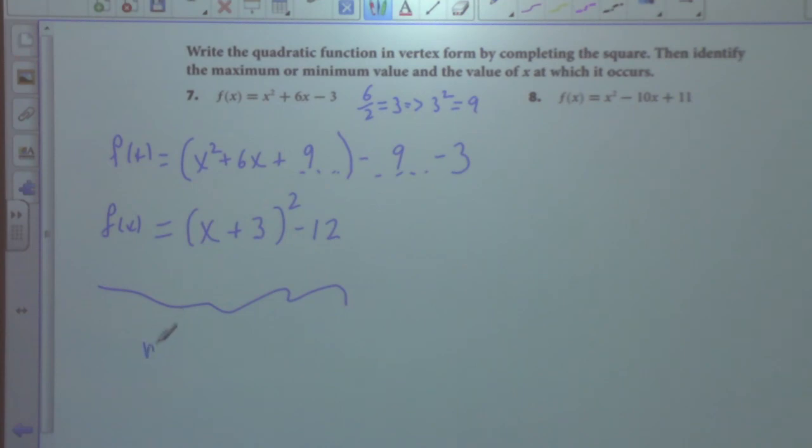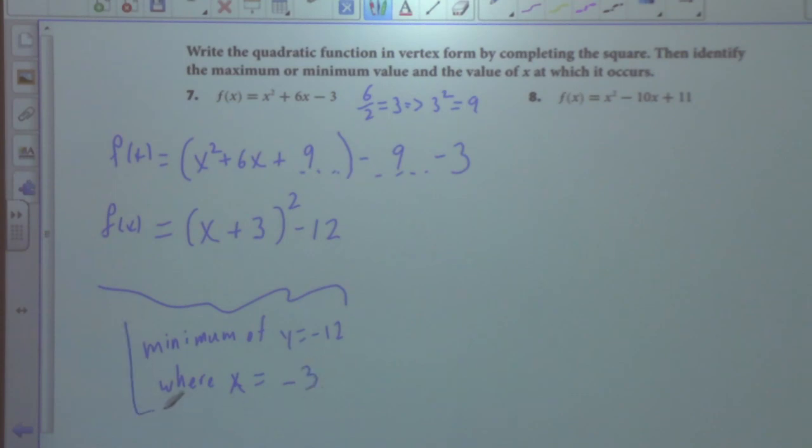We have a minimum of negative 12, or I could say y equals negative 12, and where it occurs, where x equals negative 3.